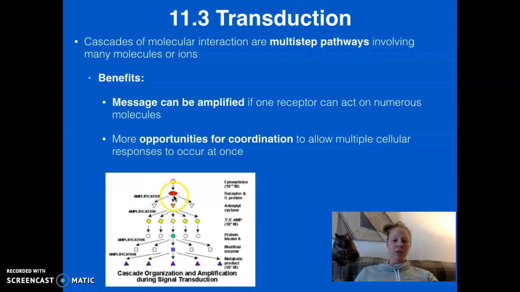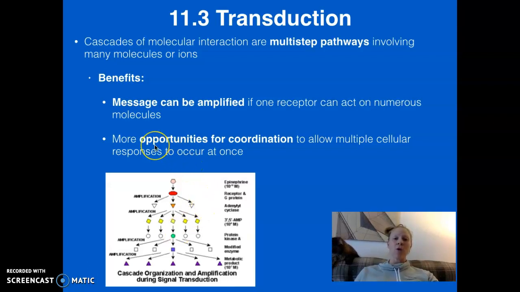If this is epinephrine, which is a signal, it's going to activate a receptor protein, which then is going to activate, let's just say, three adenylyl cyclases. And each of those adenylyl cyclases is going to be able to activate multiple cyclic AMPs, and so on and so on and so on. So this number grows and grows and grows. And this allows for a response to occur quickly and effectively and efficiently.